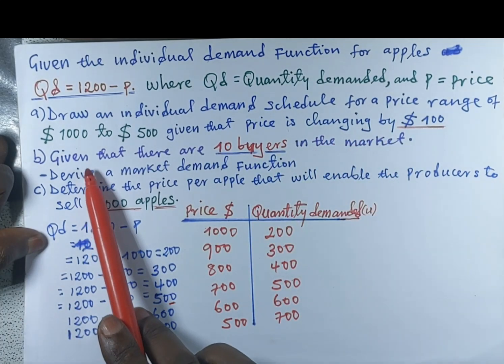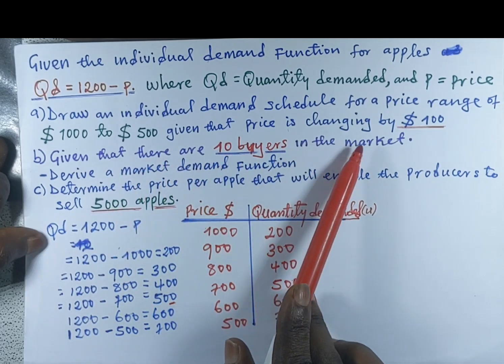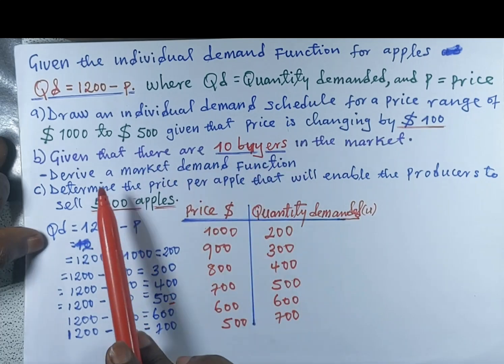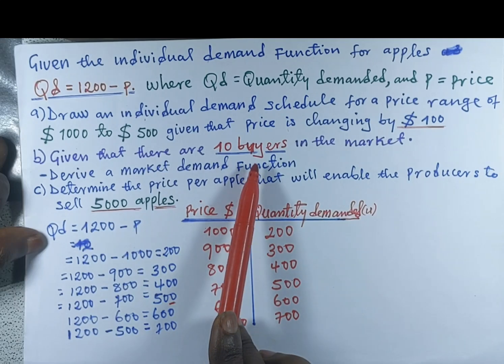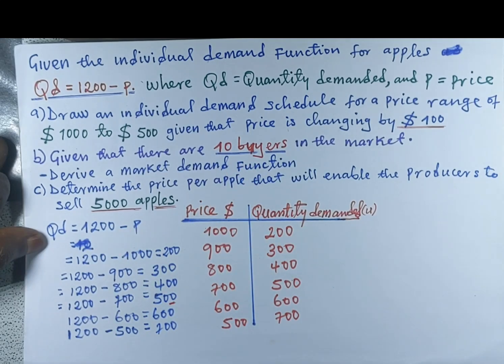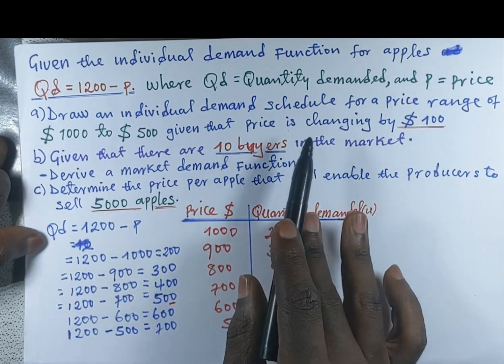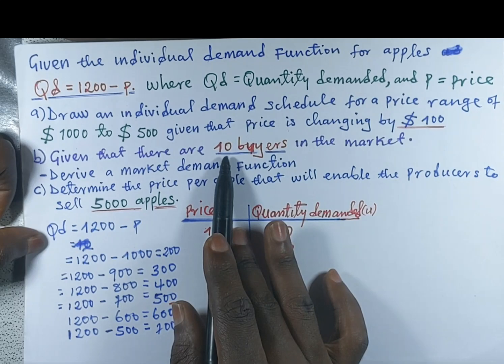Let's go to the other question that says, given that there are 10 buyers in the market, so that is the second question. The question says that we should derive a market demand function. To derive a market demand function, we are just going to multiply the individual demand function by the number of buyers.